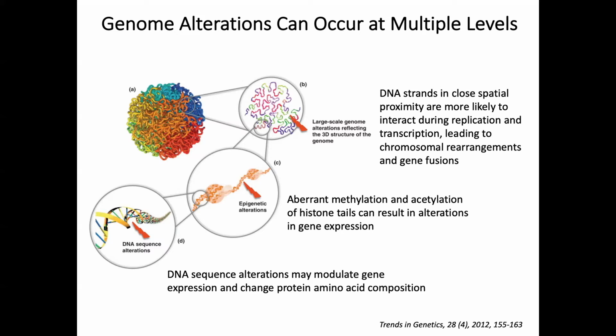So if things go wrong, then these interactions during DNA replication and transcription could lead to chromosome rearrangement and gene fusions. We also learned that epigenetic modifications on DNA and histones can alter the chromatin structure and gene transcription. And today we will focus on DNA mutations, all right?